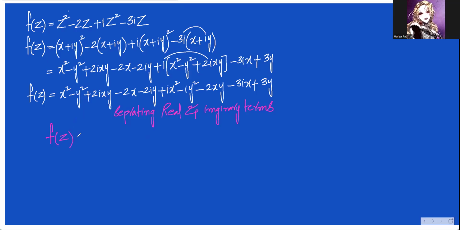f of z is equal to, tell me what the real parts are. This is your real part: x square minus y square, minus 2x, minus 2xy, plus 3y.